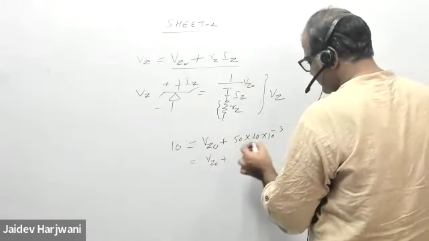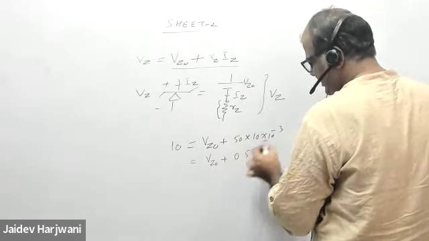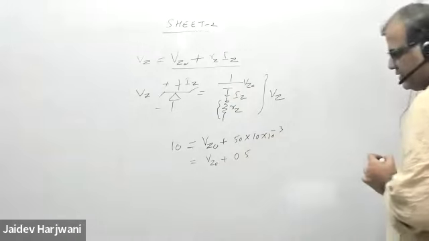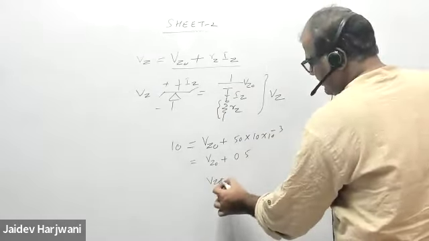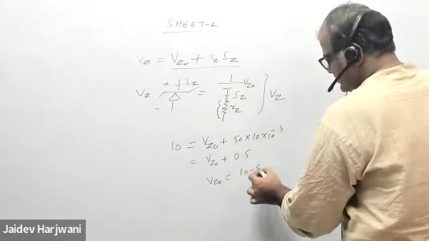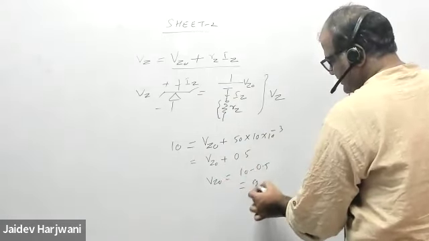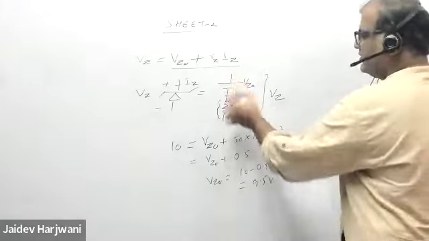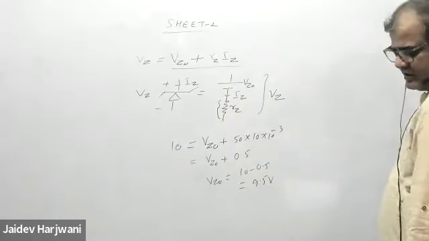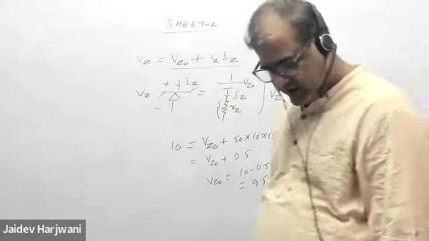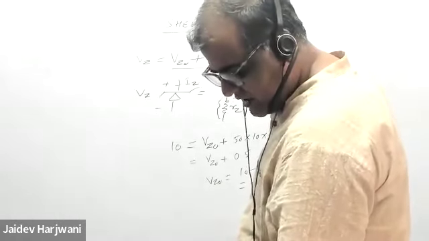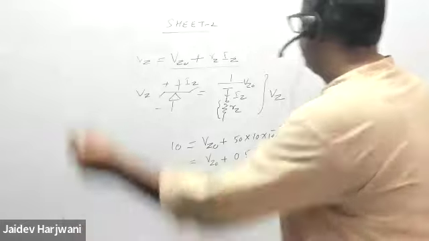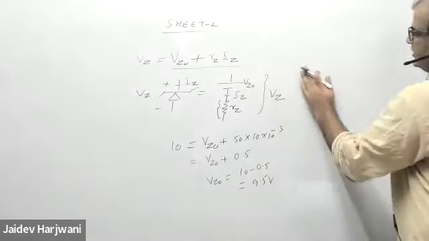plus how much will come? Tell me. 0.5 volt. Correct? So my VZ0 will now be 10 minus 0.5, that is 9.5 volt. Now the question says, what voltage do you expect if the diode current is halved and doubled? Now I want to find VZ.